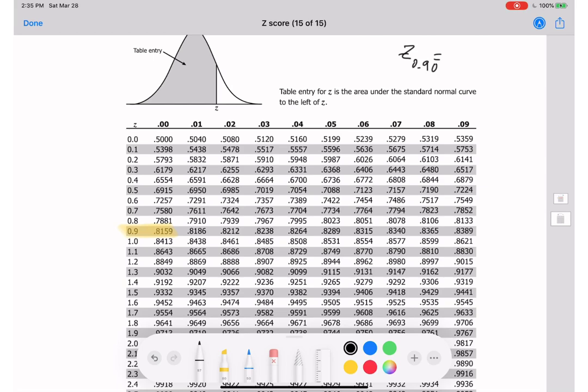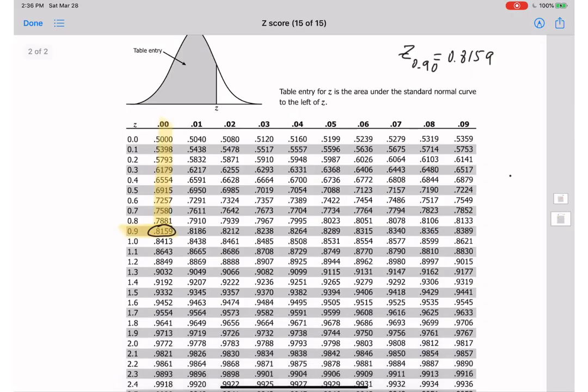So we are going to take this second position as a 0, and my answer is going to be 0.8159.